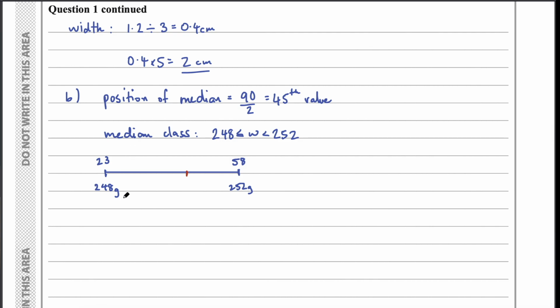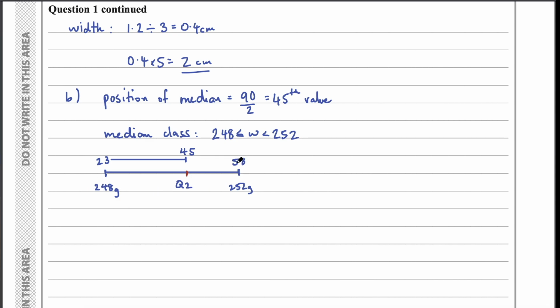So we're taking the 45th value and we're saying that this length here is equivalent to whatever this weight is of the median. Let's call that Q2. So this length is equivalent to this one, Q2 take 248.